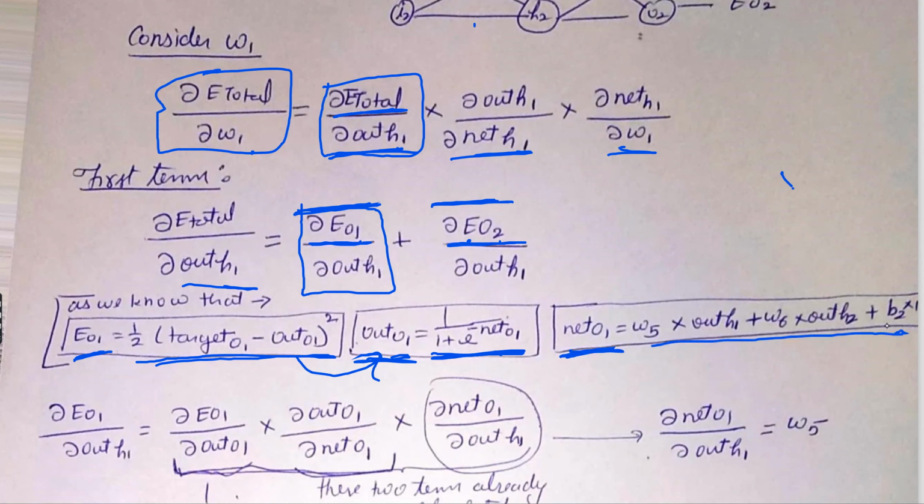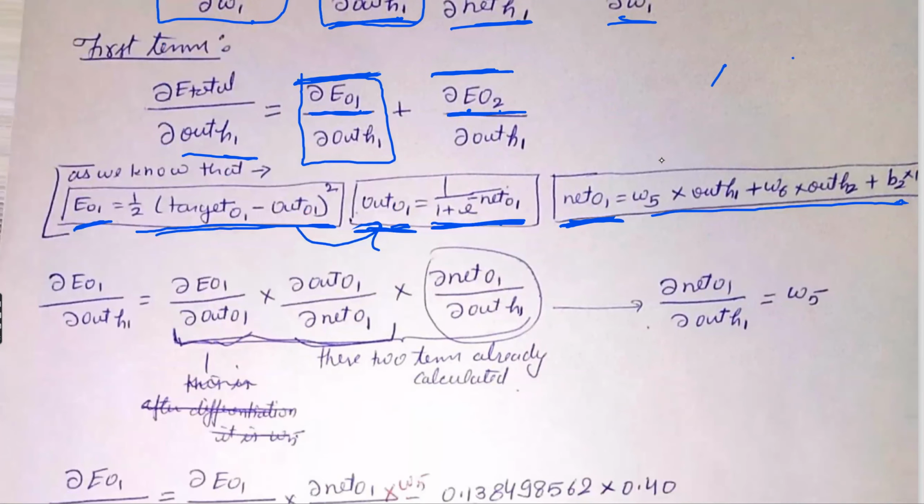Okay, so we will differentiate all this, and then the partial differentiation of error of output O1 with respect to H1 will be like this.